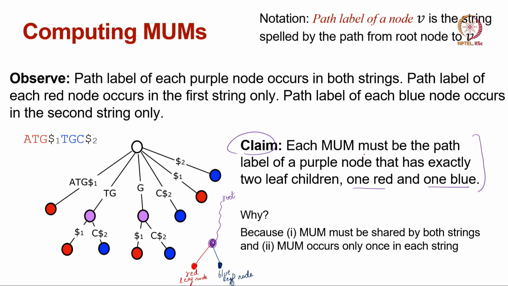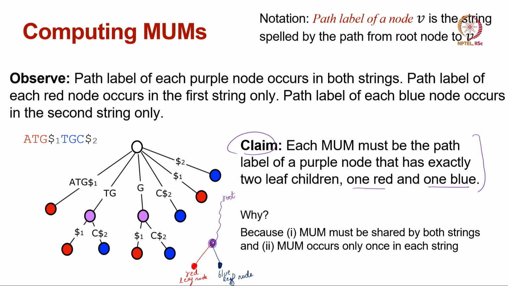Note that this is a one way property. We are not saying that this is an if and only if property. All we are saying is that each MUM must be a path label of a purple node that has exactly 2 leaf children, one red and one blue. And this is because of the properties that we have defined for maximal unique matches. Maximal unique matches must be shared by both strings, and a maximal unique match should occur only once in each string because of the uniqueness property.